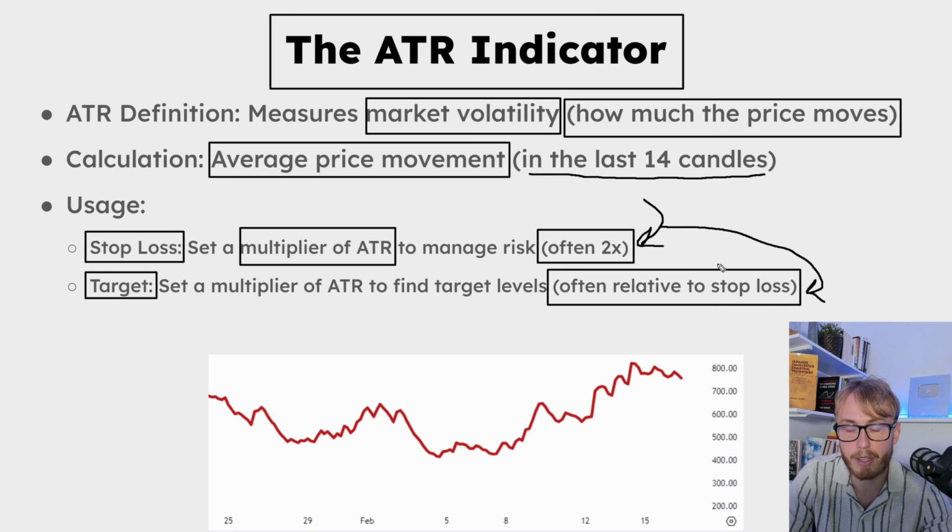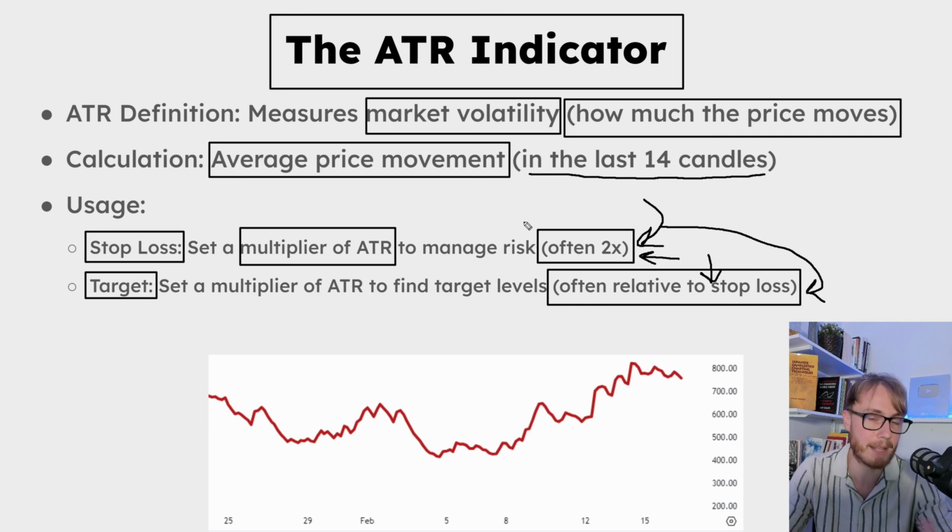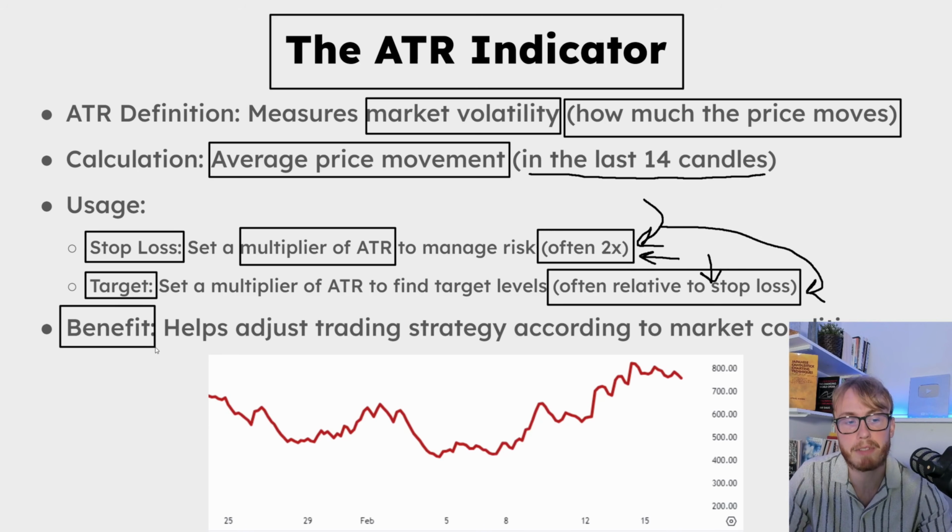So both the target and the stop loss will be based on the ATR, but it's easier to base the target off the stop loss, if that makes any sense. And the benefits here of the ATR is that it can help us adjust our trading strategy according to the market conditions, or in other words, according to how much the price moves on average.